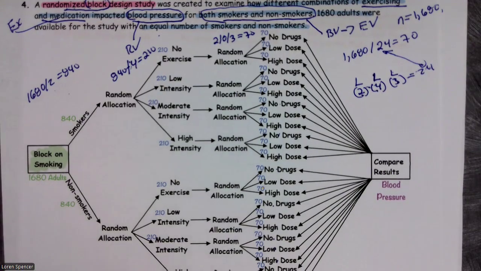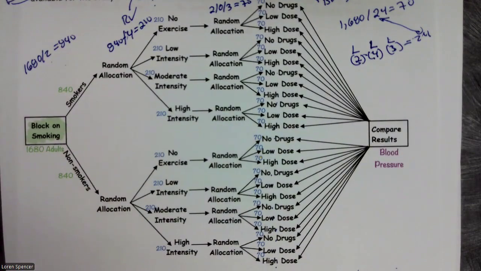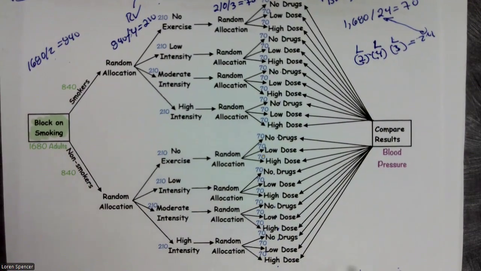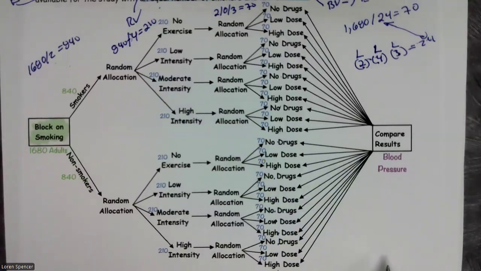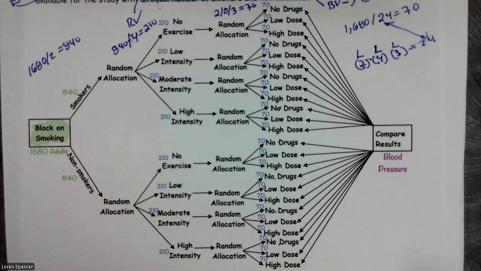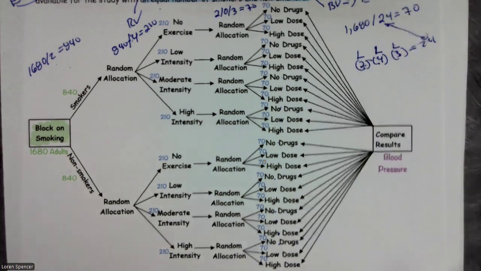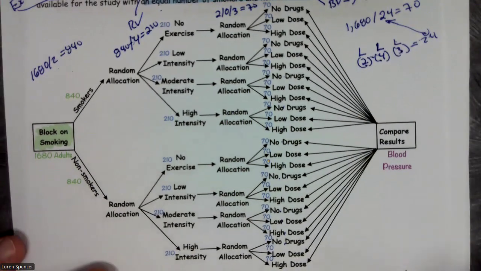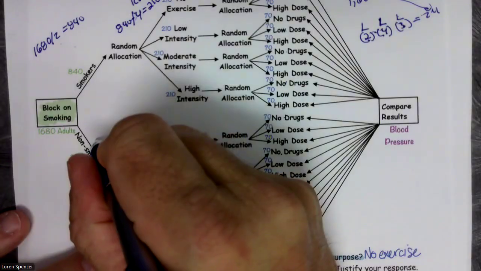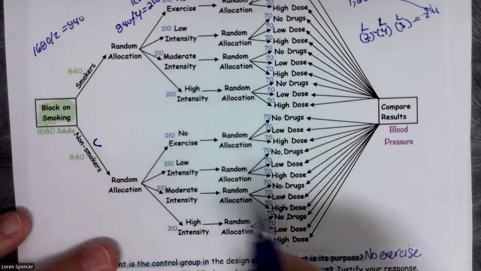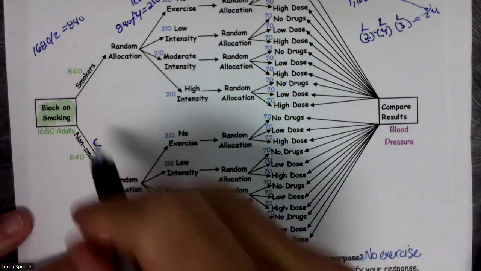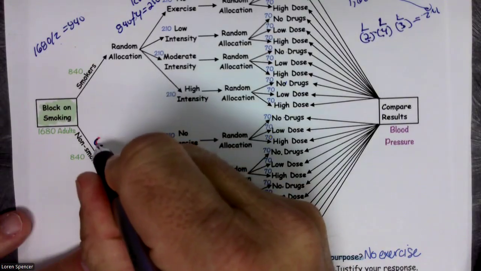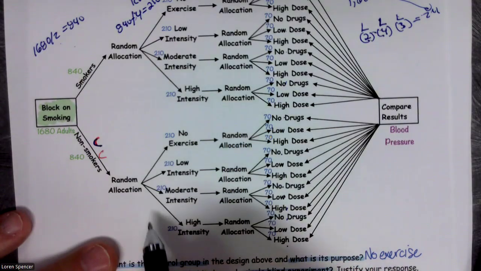So which treatment would be the control group in the design, and what is its purpose? Well, generally speaking, the control group is the group that's not receiving anything. If they're not receiving anything, that probably means they're a non-smoker because they're not receiving cigarettes. So this right here, control group.